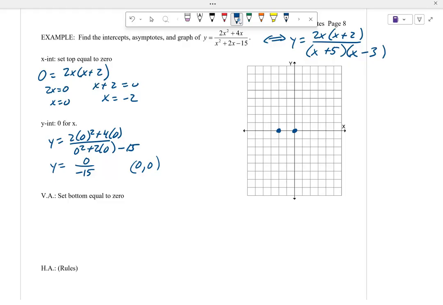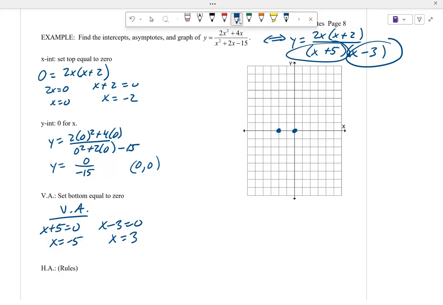Now our vertical asymptote. Where's this thing undefined? Well, whenever x plus 5 equals 0, a factor of our denominator, or x minus 3 equals 0. So subtract 5 both sides, add 3 both sides, so x equals negative 5, and x equals 3. Put my vertical asymptote on there.